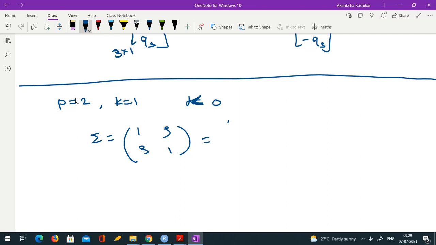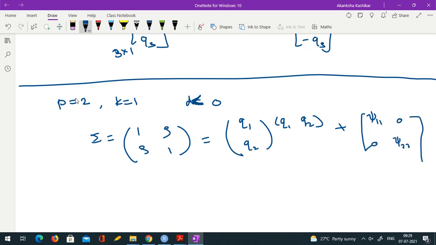So I need to express this as q1 q2 into q1 q2 plus psi 1 1, psi 2 2, 0, 0. I am following exactly the same steps that we did in the earlier example, just that because now I have only 2 variables, my Q matrix is of order 2 cross 1 instead of 3 cross 1.